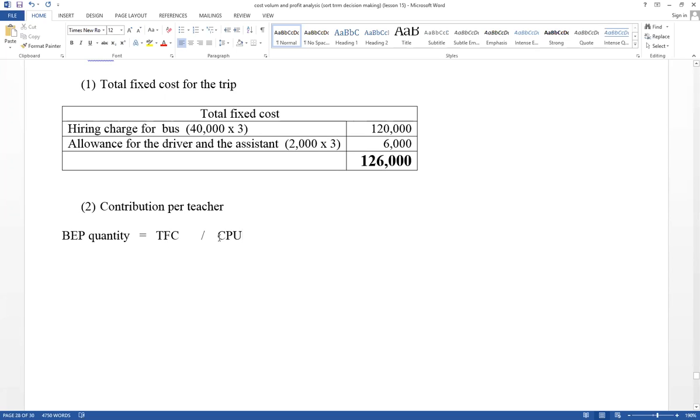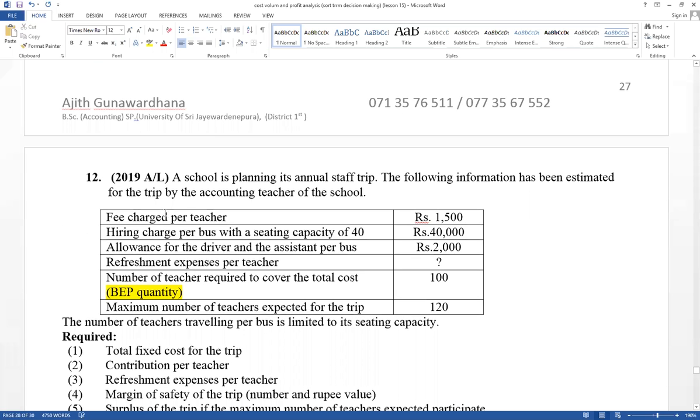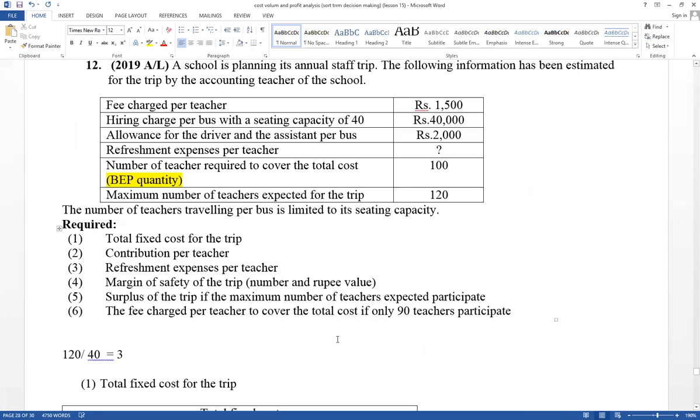They ask for contribution per unit. Now selling price minus variable cost cannot be applied. Selling price is given, the fee charged per teacher, but variable cost is not given. Therefore, selling price minus variable cost cannot be calculated. It can be calculated by using the break-even point equation.